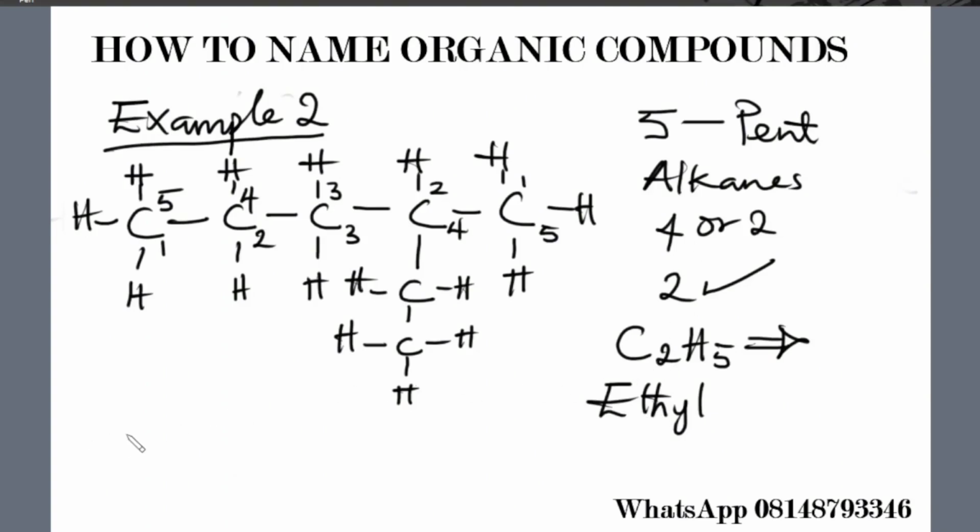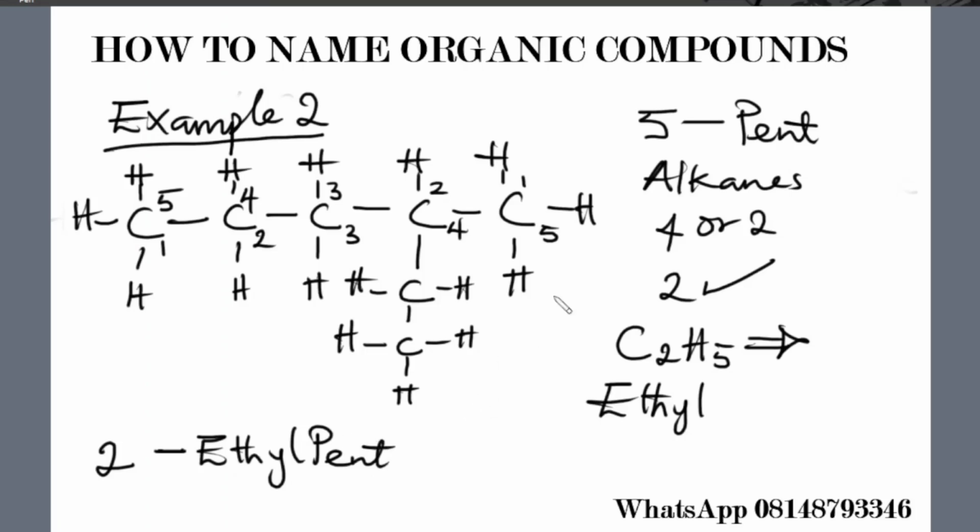What comes first is the lowest value, which is 2. And then the name of the substituent, which is ethyl. And then the name of the longest carbon chain, which is pent.